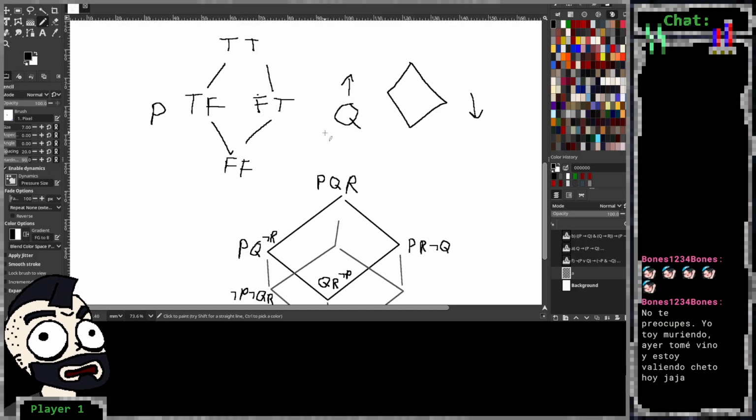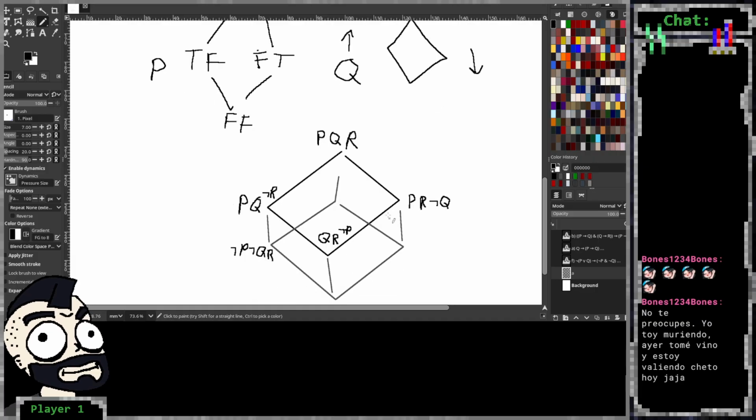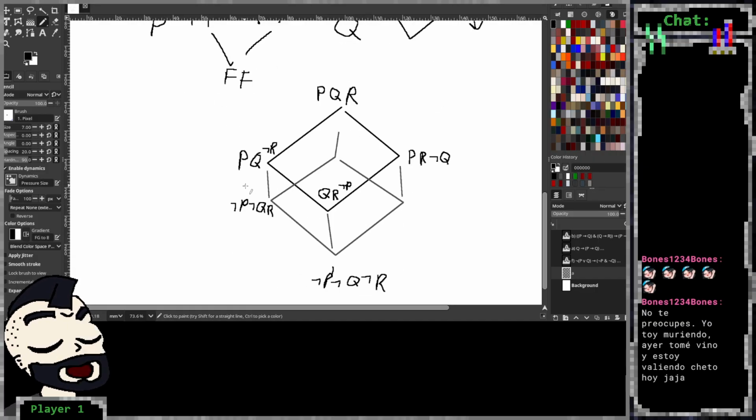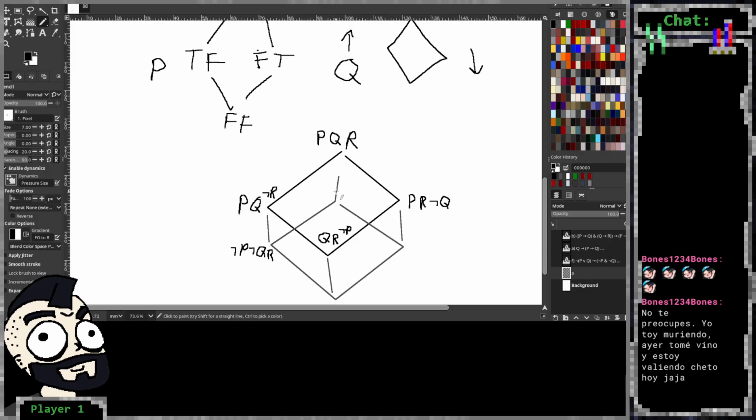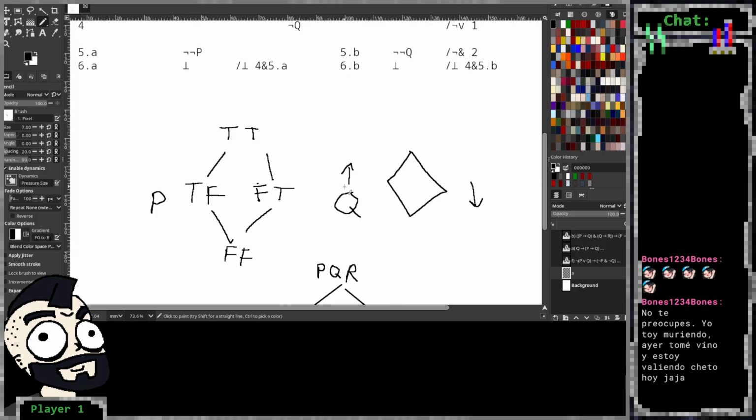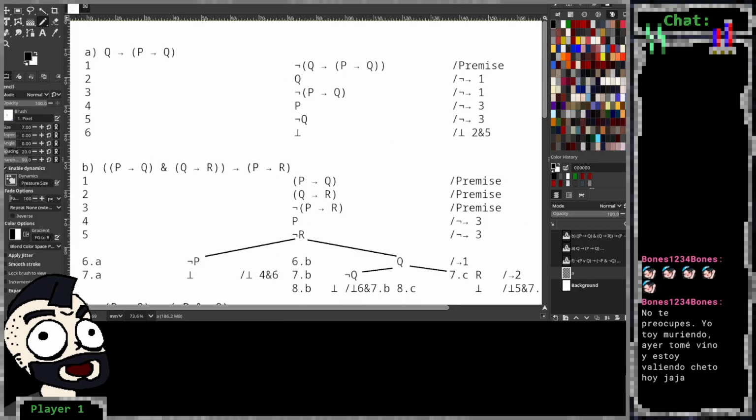Anyways, so far we have been studying the relationship between our formulas, our propositional letters, and the possibility spaces we can build with this. And we've been going through 2 methods, truth tables and tree proofs.